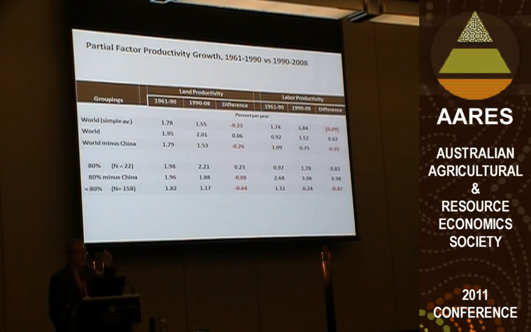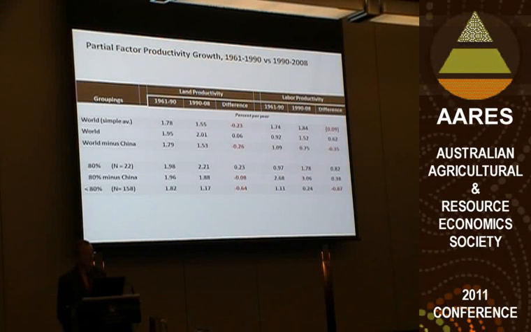If you take out China, it's so darn big in the weighted average, it's enough to drive you back to a situation where for the entire rest of the world, on average, you've got slower rates of growth in both of these productivity measures, post-90 and pre-90.